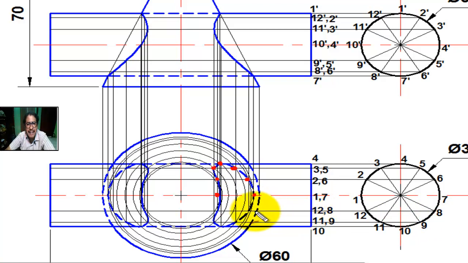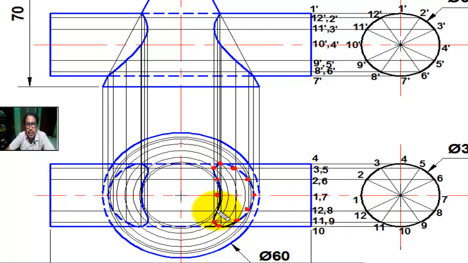From 8 it cuts 8 number circle. From 9 it cuts 9 number circle. From 10 it cuts 10 number circle. Circle means 10 number circle radius. This radius. From 11 it cuts 11 number circle.